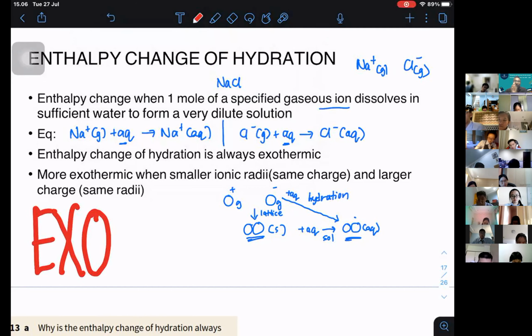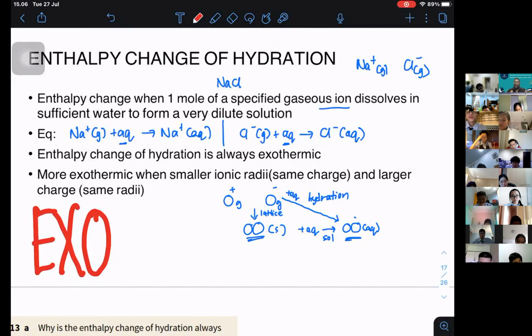Lattice energy must also always be exothermic, because in this part of the chapter we are dealing with three types of enthalpy: lattice energy, solution, and hydration.